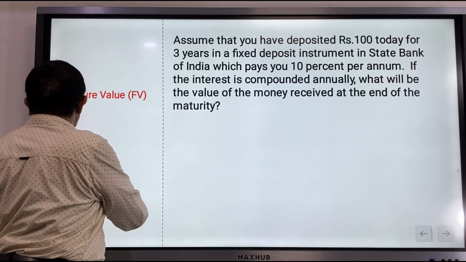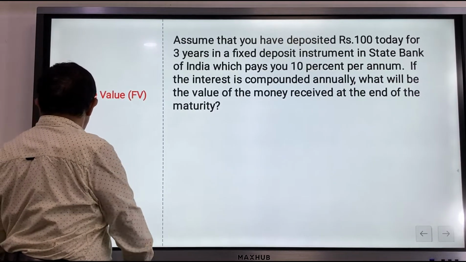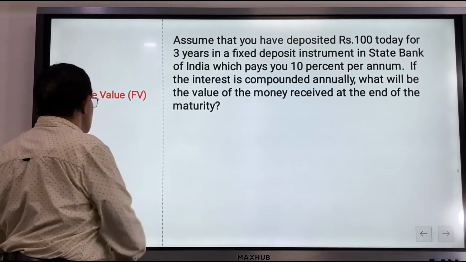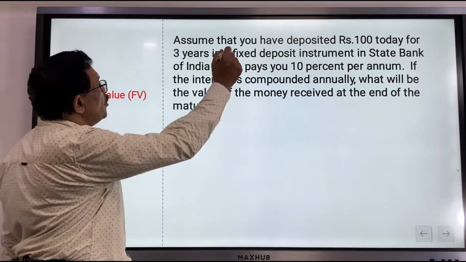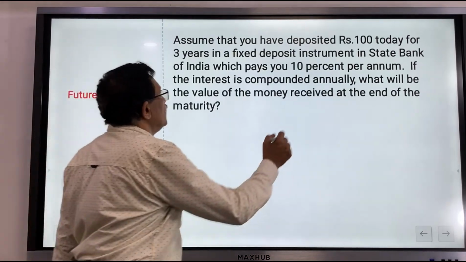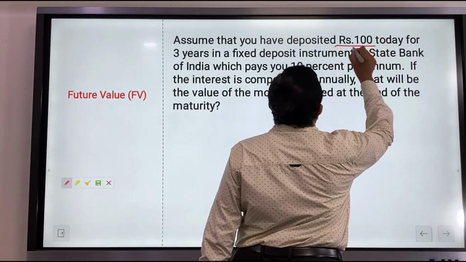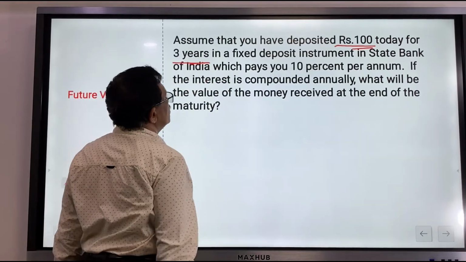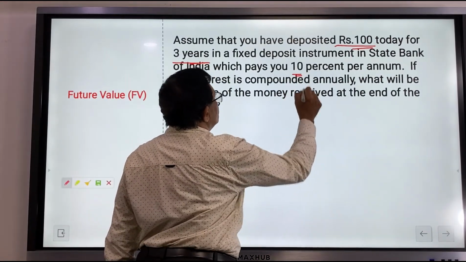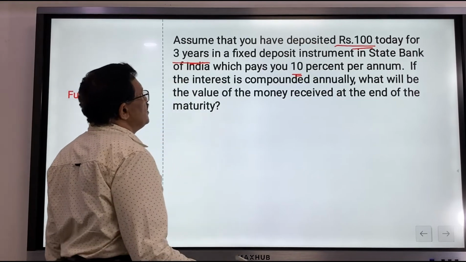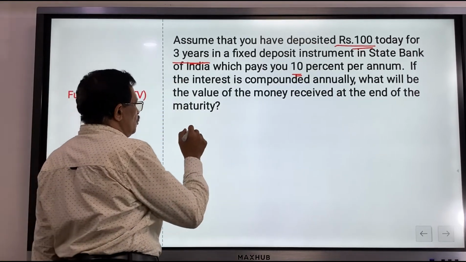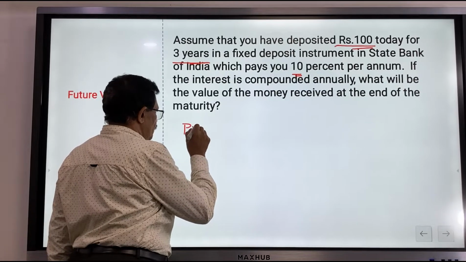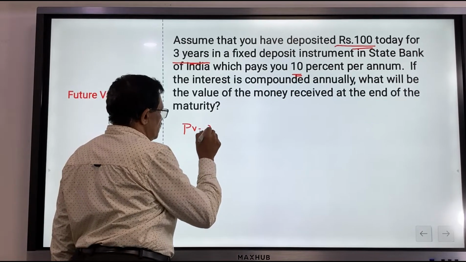How do we solve this particular problem? Let's see. Here, the problem says that you have deposited rupees 100 in a bank for 3 long years at the rate of 10%. So he has given information with regard to the present value, which is rupees 100.